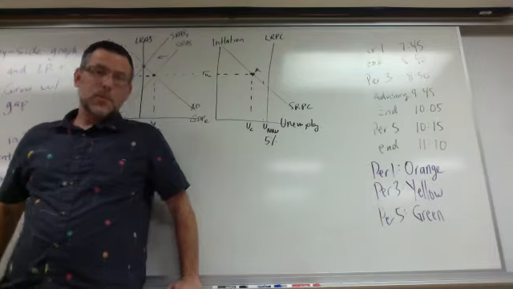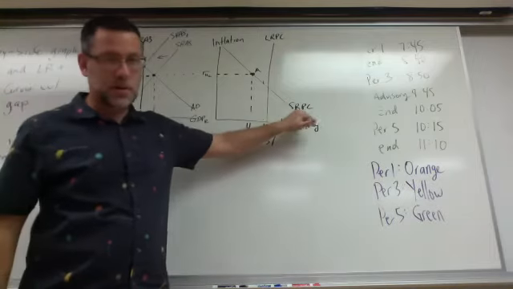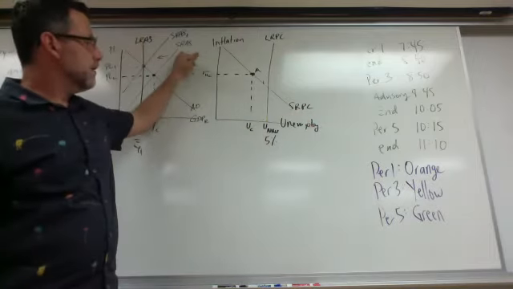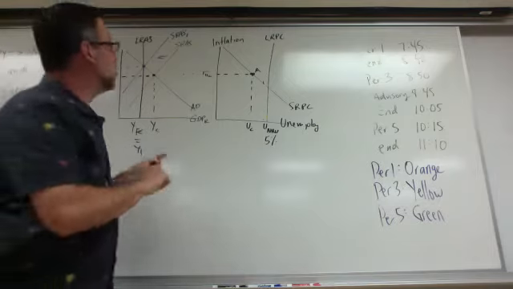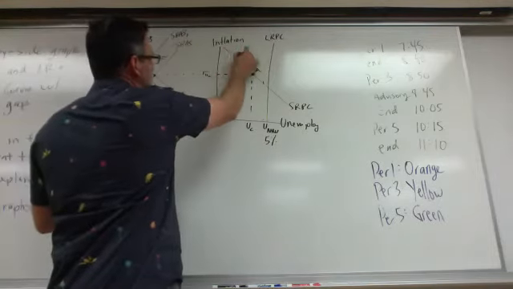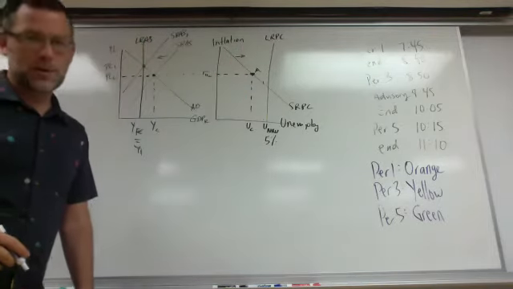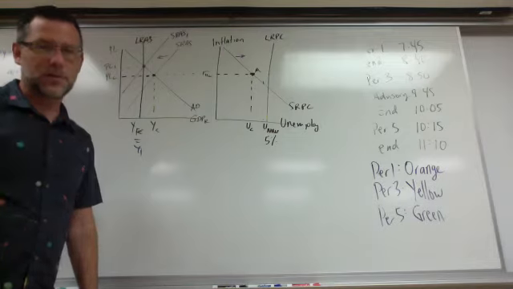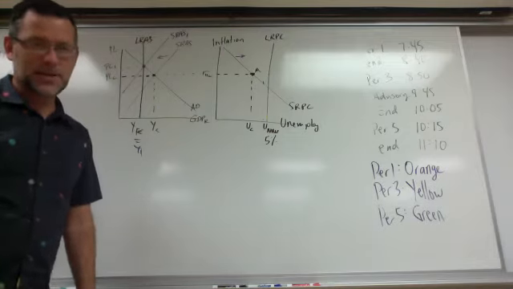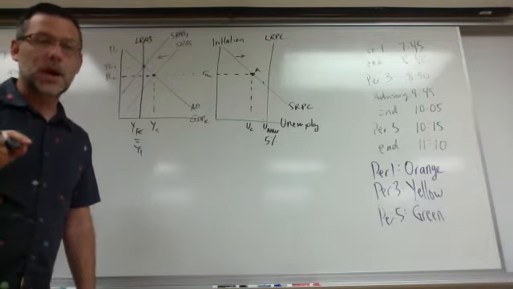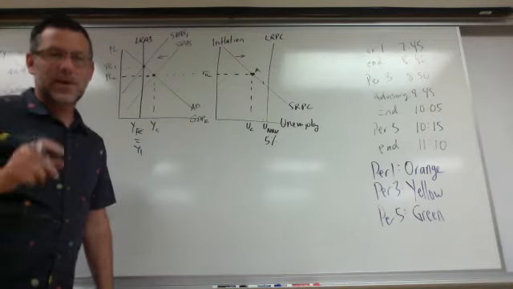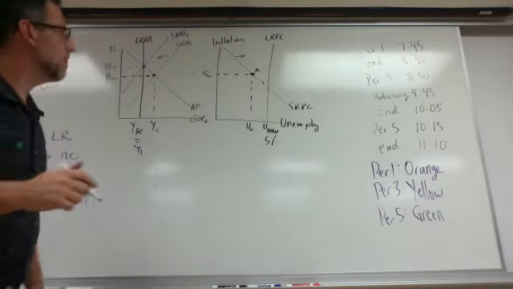Well, remember, short-run Phillips curve is the mirror of short-run aggregate supply. So if short-run aggregate supply is going to the left, short-run Phillips curve is going to go to the right. And the question is, how far? And the answer is, we have all the clues we need to know exactly where it's going to shift to.